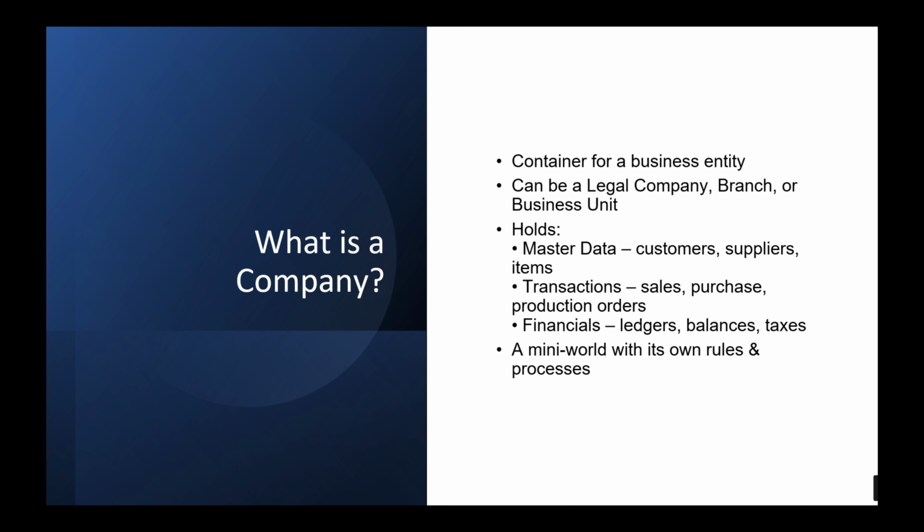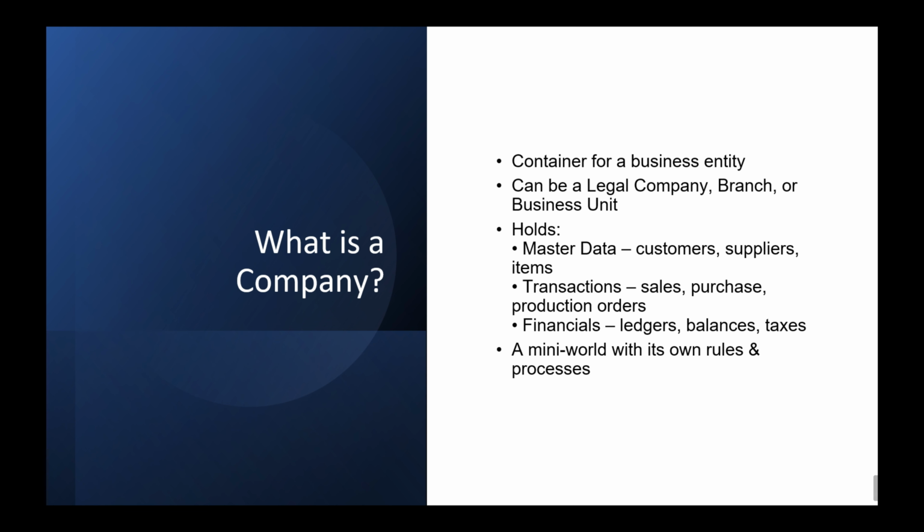Okay, now I'll give you a simple definition of the company. In simple words, a company is nothing but a separate container for all the data and transactions of one business entity. This entity can be a legal company, a branch, or even a business unit inside a large organization.